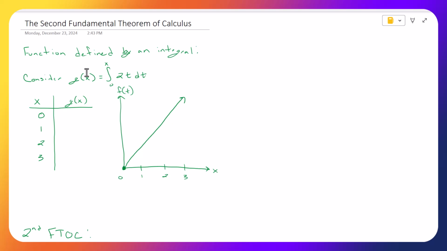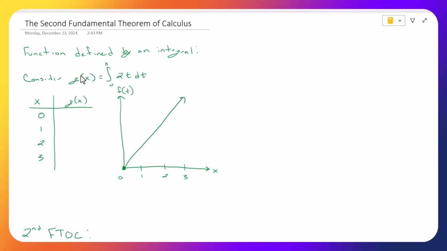Our x variable, the independent variable of this function, is this bound of integration right here. And then we have some function of t and we're taking the integral with respect to t. This part doesn't matter. This is f of t, this is dt, that'll be pretty constant. What really matters is that one of our bounds of integration is an x, and our function is defined by x.